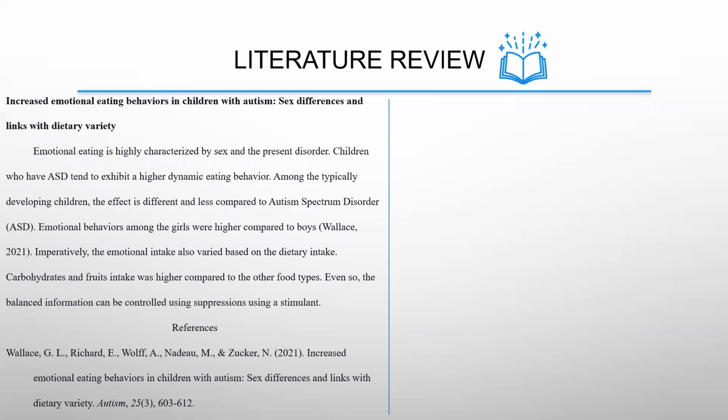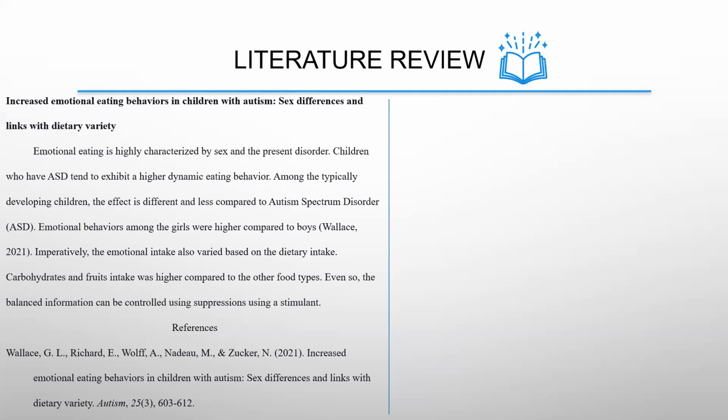And the last article here is also a study, and this one is increased emotional eating behaviors in children with autism. It talks about males and females and the link in what they eat. This study examines emotional over and under eating.